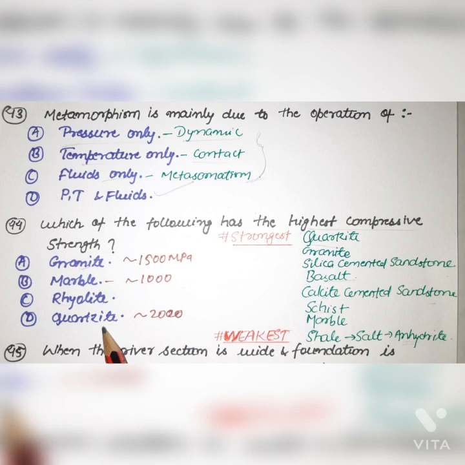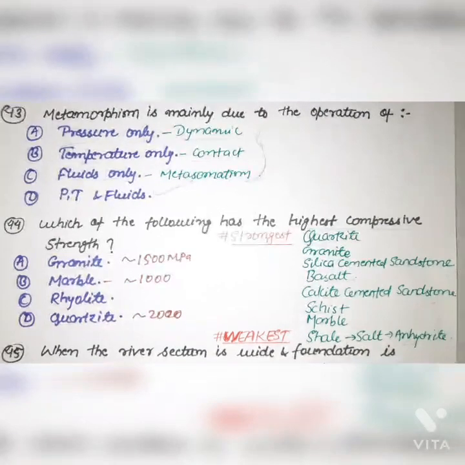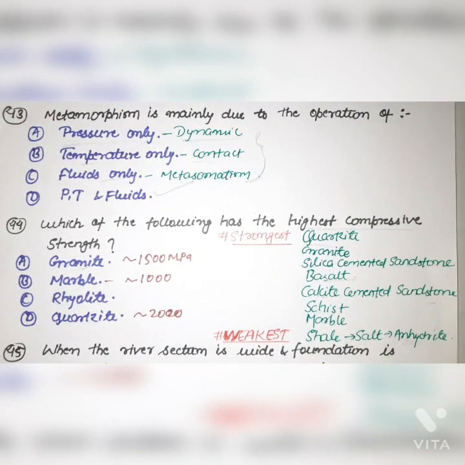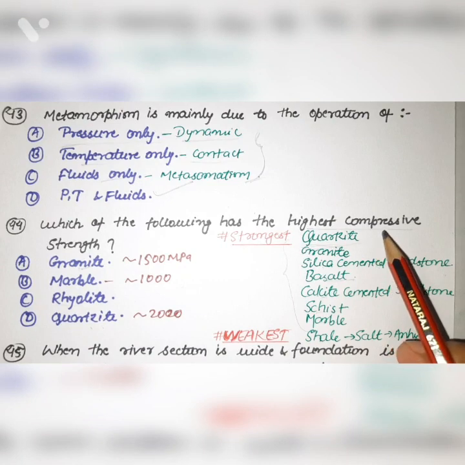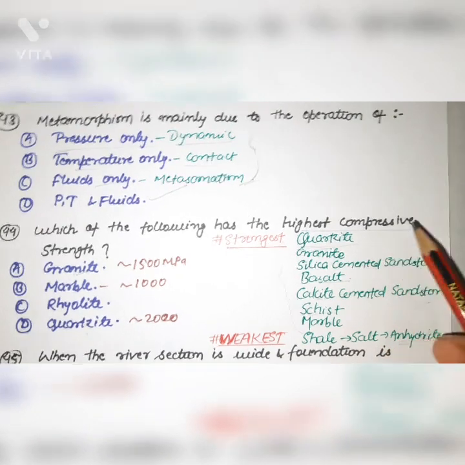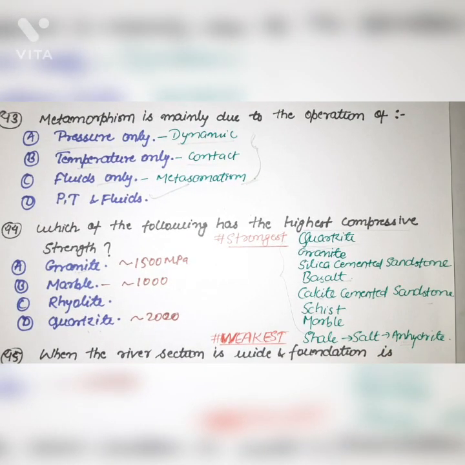Quartzite is a metamorphic rock and it is a compact rock, and its composition is silica, which has a hardness of 7 itself, and it is metamorphosed. So quartzite has the highest compressive strength and it is the strongest rock, as mentioned in the table. You can check this in M.P. Billings or any other engineering geology book also. So the correct answer of this question will be quartzite.